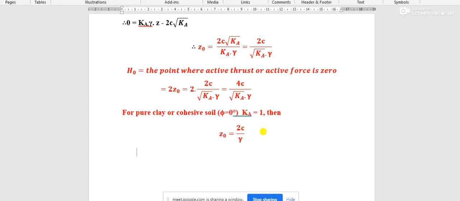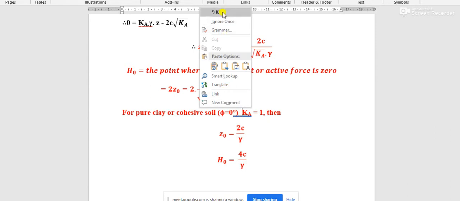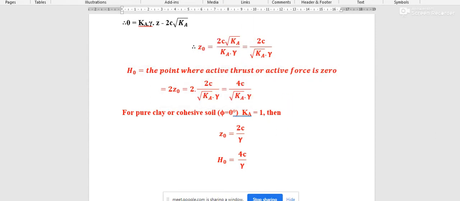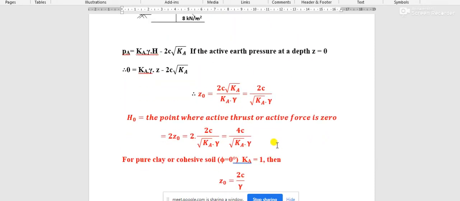That means Z0 is equal to 2C by gamma and H0, where the active thrust is 0, the depth of that point is 4C by gamma, as the value of K is equal to 1. Now, this is the derivation of these equations.